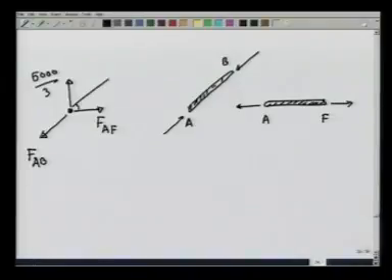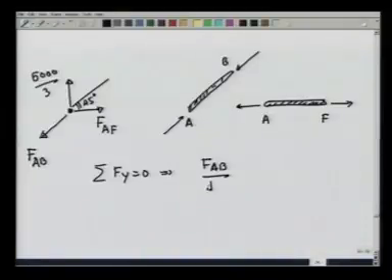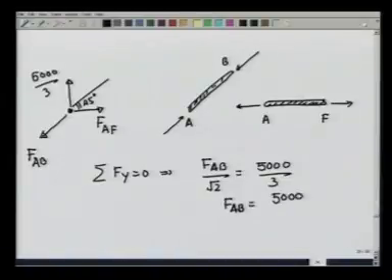This angle is given to be 45 degrees. Summation Fy equal to 0 gives me F_AB over root 2 equals 5,000 over 3, or F_AB equals 5,000 root 2 over 3 newtons.